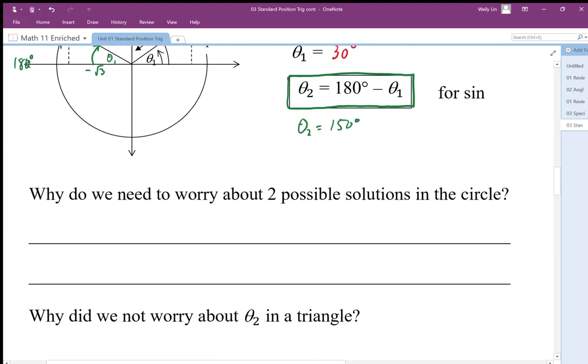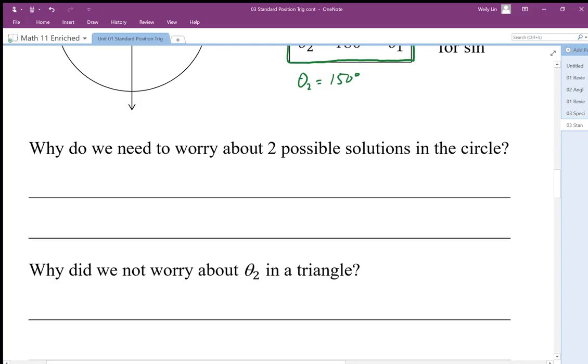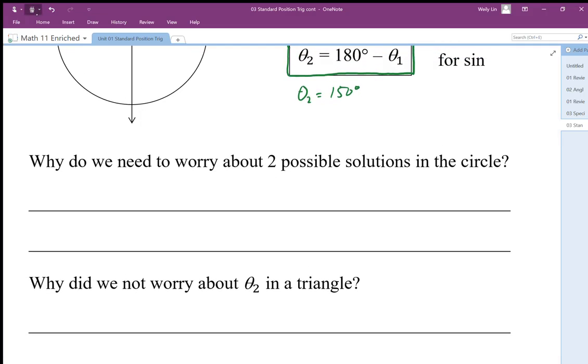So why do we need to worry about two possible solutions in a circle? It's because the circle has folding symmetry.